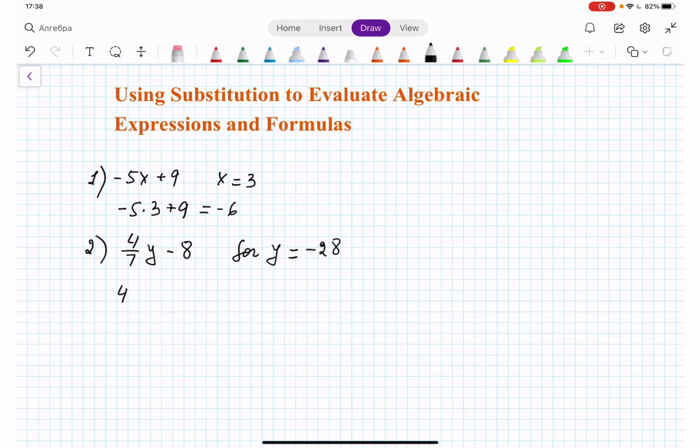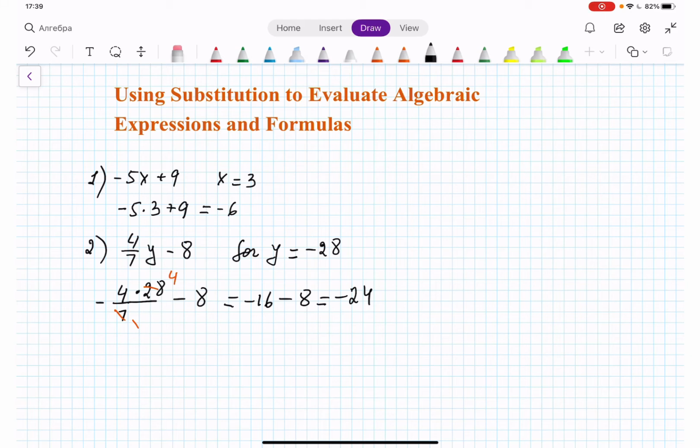Okay, 4 over 7 times negative 28 minus 8. So this is 1, this is 4, and I am getting negative 16 minus 8, and it will be negative 24.